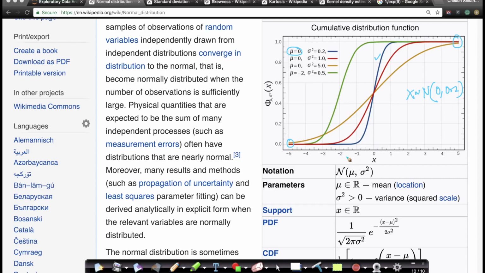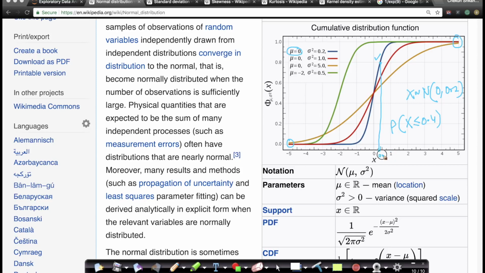Now for this curve, just to quickly recap, given any point here, what does the CDF height represent? It represents the probability that my random variable X is less than or equal to this value. Let's assume this value is 0.4. It looks like 0.4, right? This is 1.